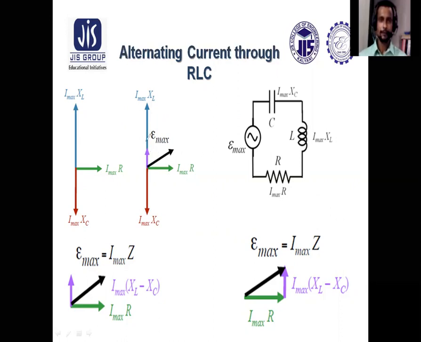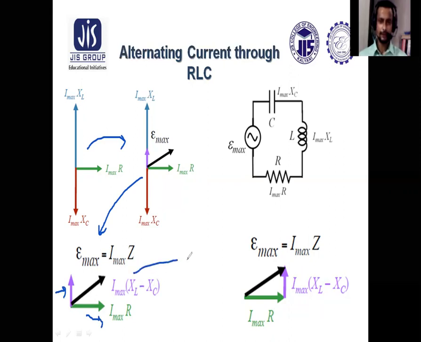Now from this we can draw this. See, XL and XC will not be existing separately because we have got the resultant. So the resultant will be here, which is XL minus XC. This is Imax R. So what is the resultant of these two? This black shows the resultant of these two. Okay.